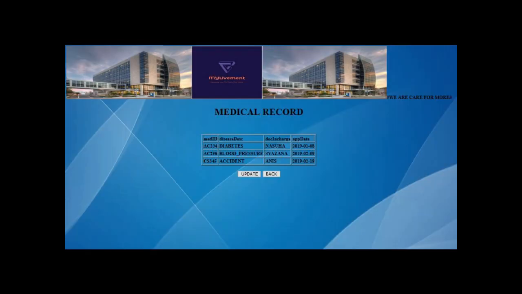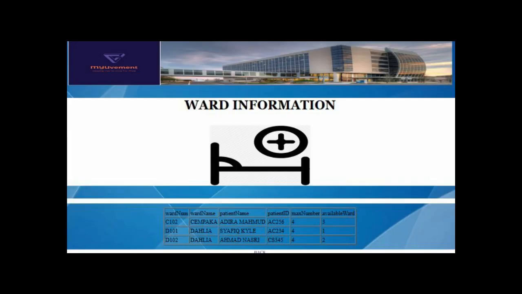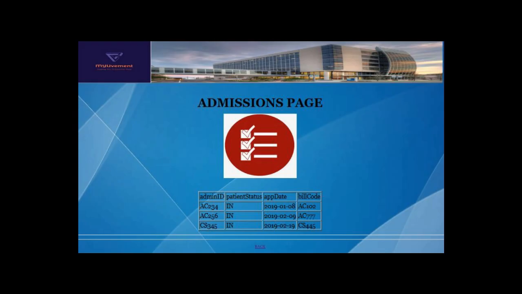For the medical record page, it is shown when the new medical record has been successfully updated. This is our ward information page, and this is the admissions page, where the admin is able to view all the staff information.